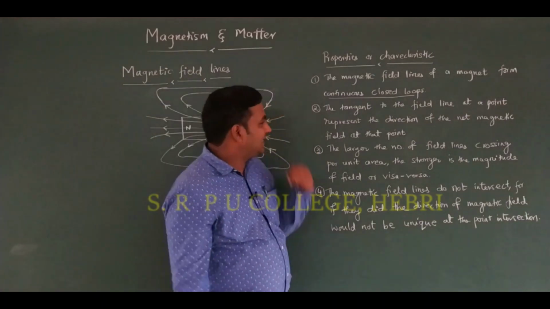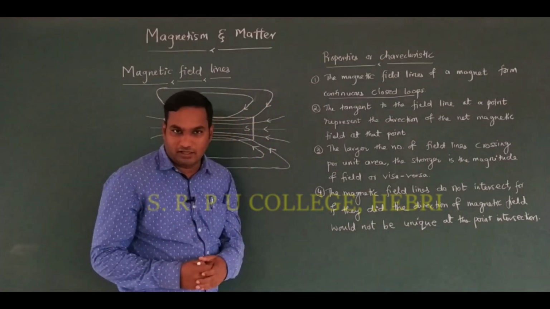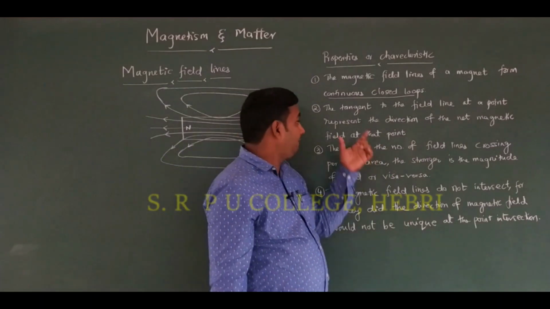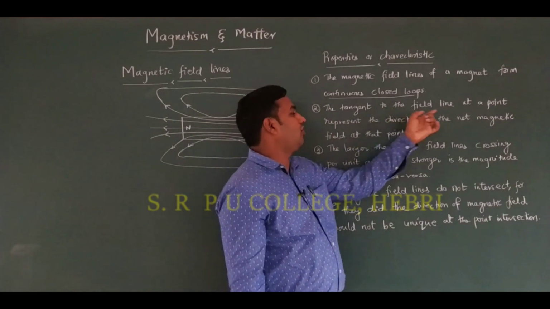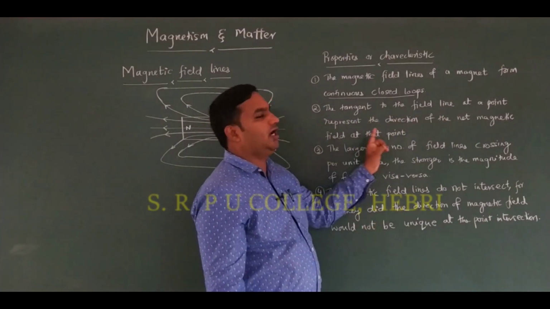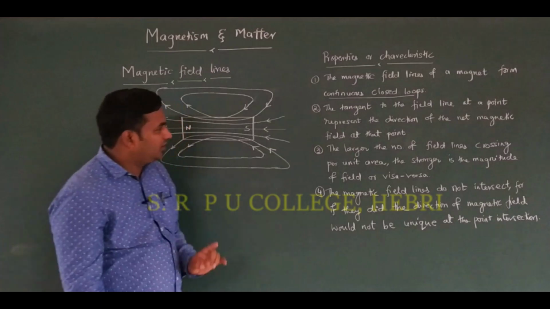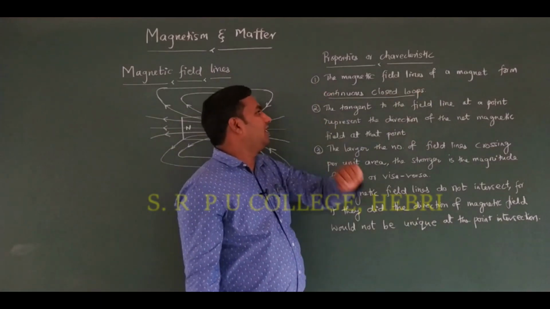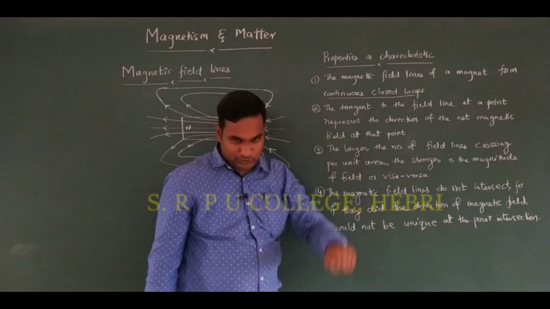We move on to the second characteristic or property of a magnetic field line. The tangent to the field line at a point represents the direction of the net magnetic field at that point. Dear student, the first property I said was that magnetic field lines form a continuous closed loop.